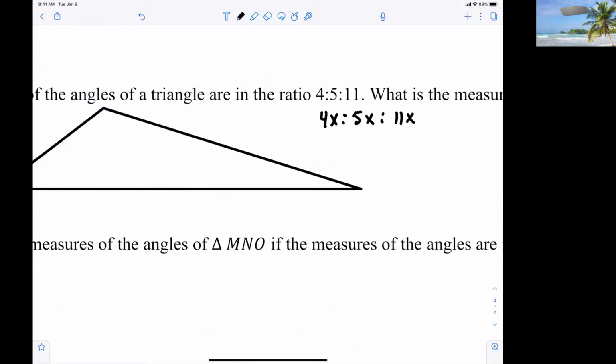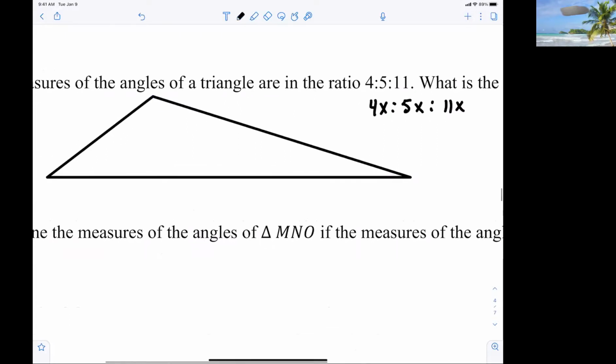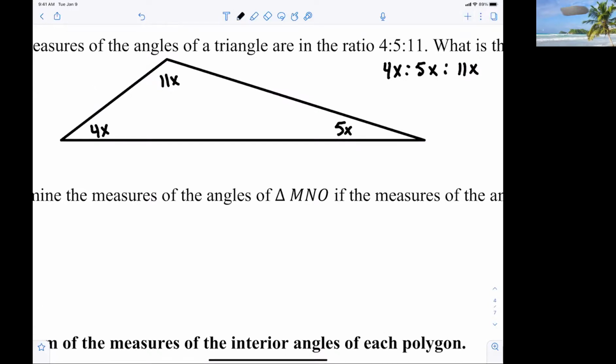So on your triangle, I want you to write 4x, 5x, and 11x. So now what do I do, Zeb? Add them up. And what do I get when I add them up? Let them do it. 20 what? And what does 20x have to equal? 180, good job. So now solve that and tell me what x equals.